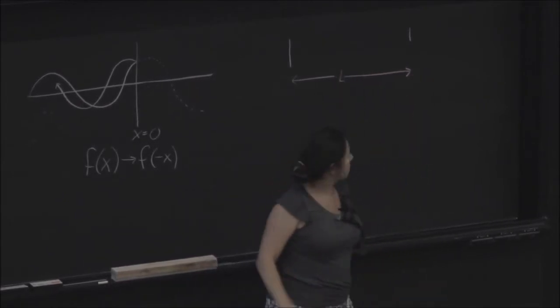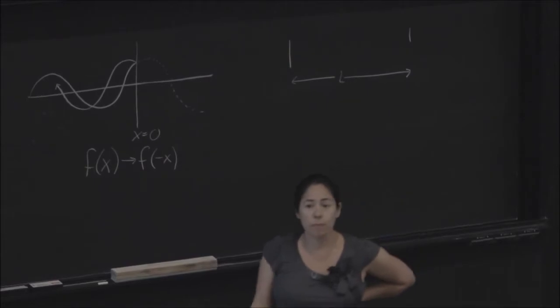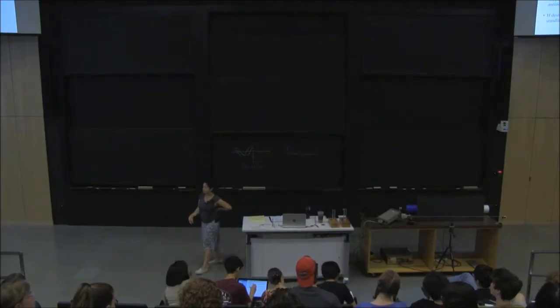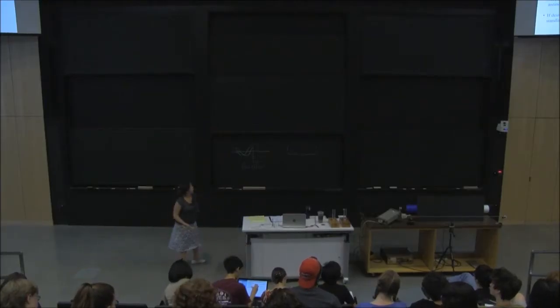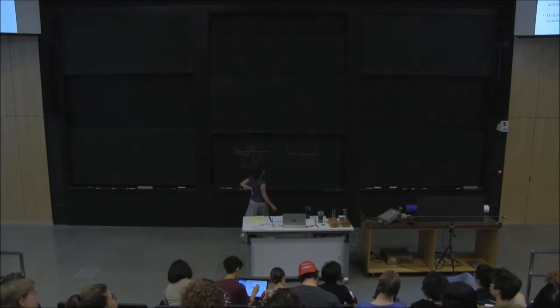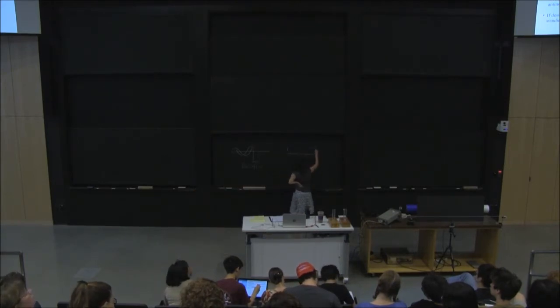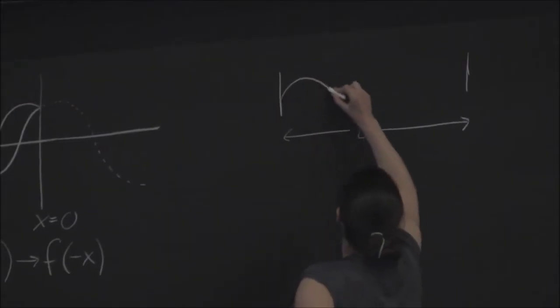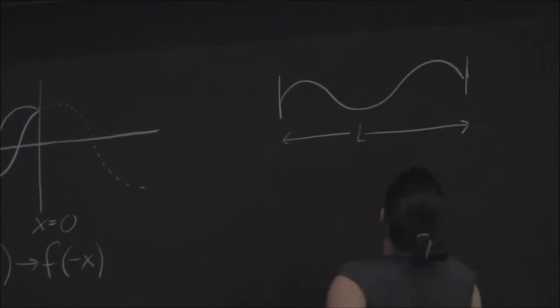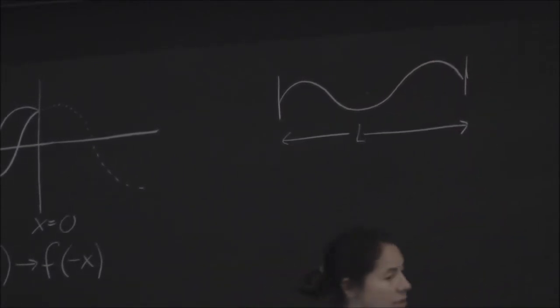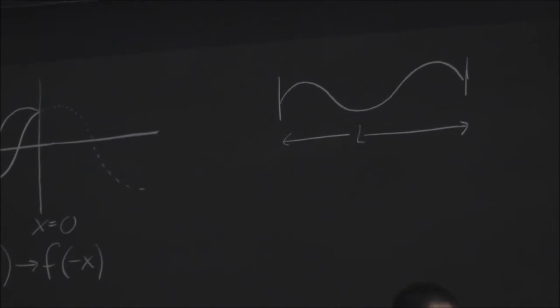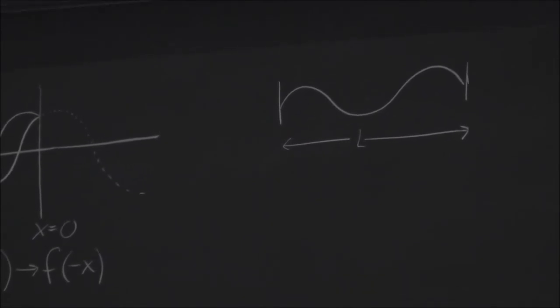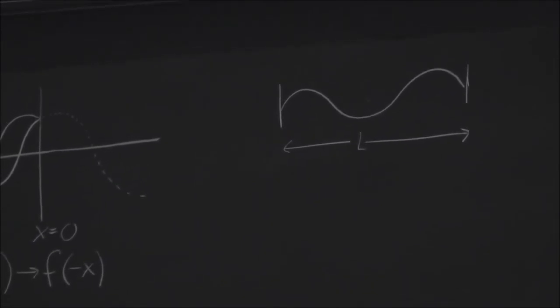What we can do is on this string, we can determine what our boundary conditions are. Are we going to have nodes or antinodes at the end? We can draw in, so if we have, say, something that has nodes at either end, we can draw in what the string might look like, and we can find a relationship between the length of the string and the number of antinodes.